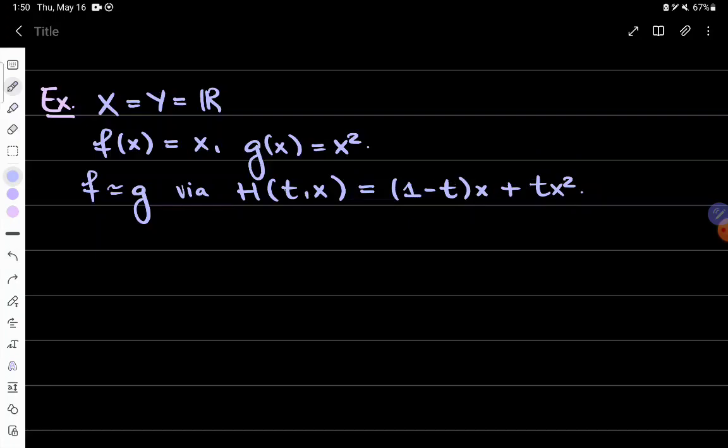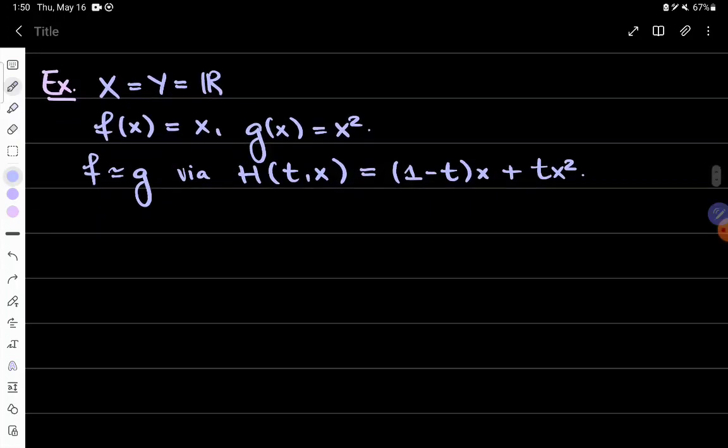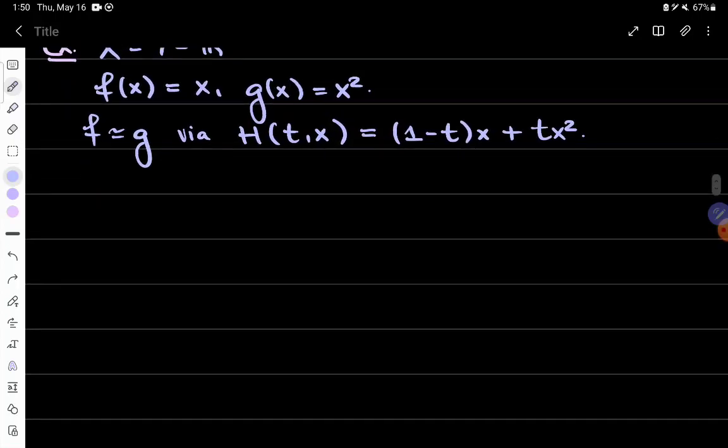So h of (0, x) is just f of x. And similarly, h of (1, x) is just x squared because this first term, (1 minus t) times x, vanishes. And it's easily seen that h is continuous as a map from the interval times R into R.